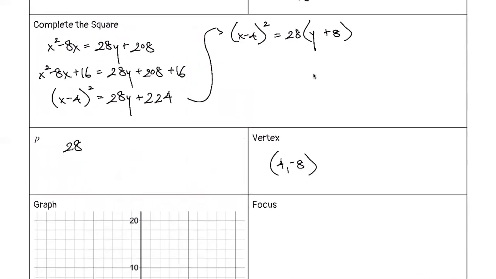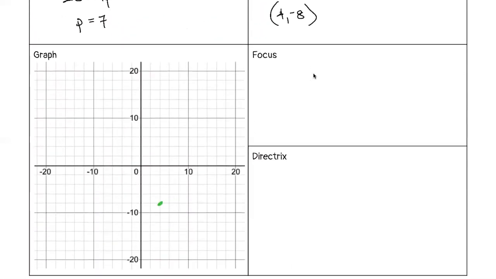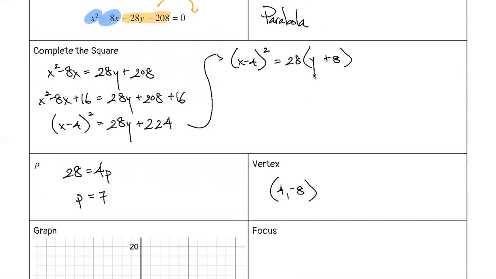So 28 is the coefficient, equals 4p. That means the distance from the focus to the vertex is 7. So let's look at our equation. x squared equals a positive 28. So x is the squared, so I know it's either up or down. And because 28 is positive, it's going to be facing up.